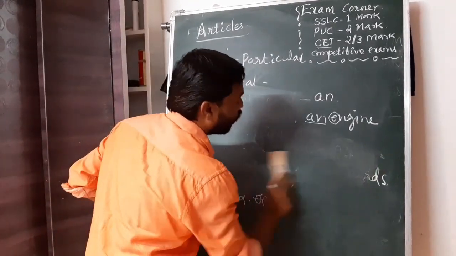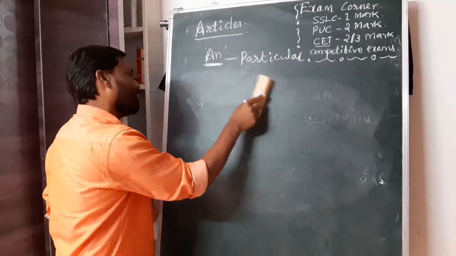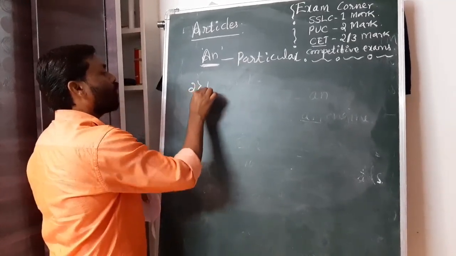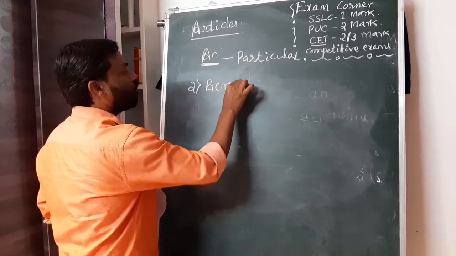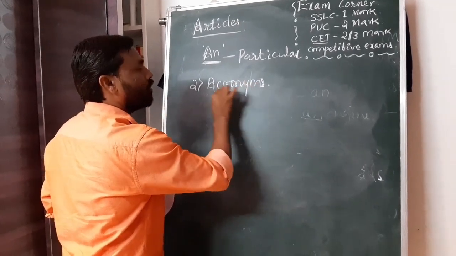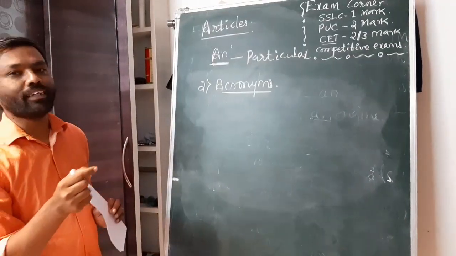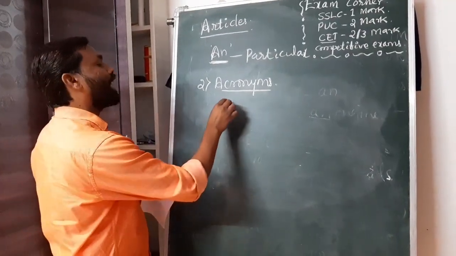It's related to acronyms. In our text, sometimes we get acronyms. What is the meaning of acronym? An acronym is generally called a short form. I will give an example.